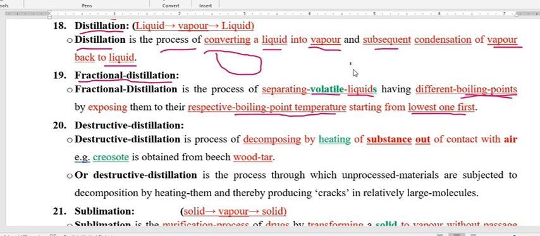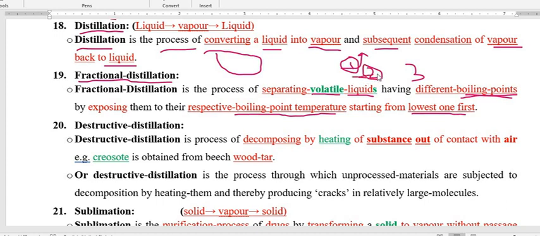So if the liquids are of three different types, each having a different boiling point, and the first one has the lowest, then the lowest evaporates first, and we have to collect it from vapor to liquid.